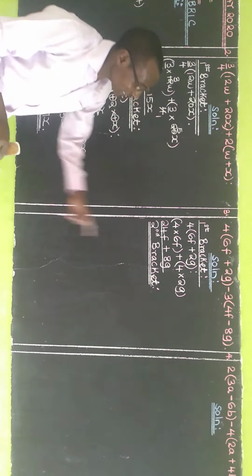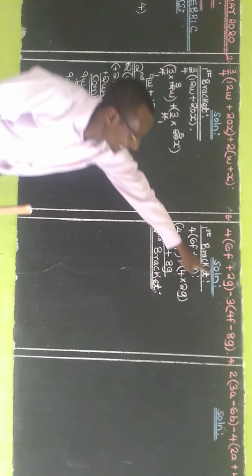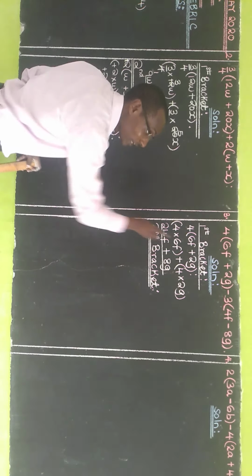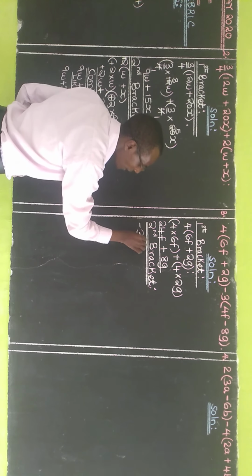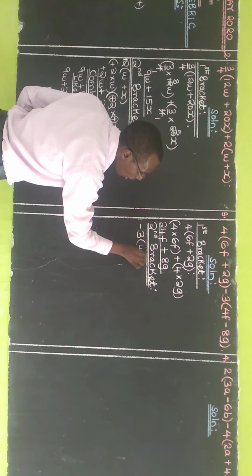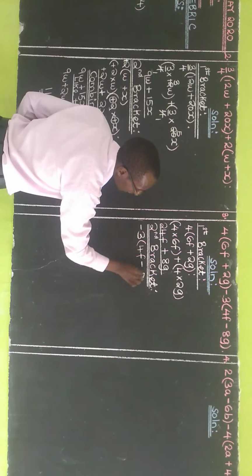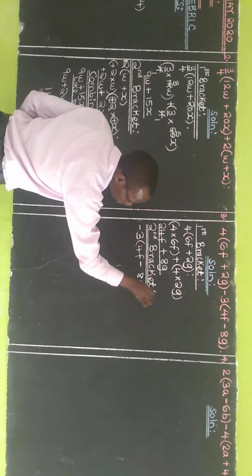The second bracket here we have negative 3. I have to pick that one with its sign. Negative 3 into 4f minus 8g.